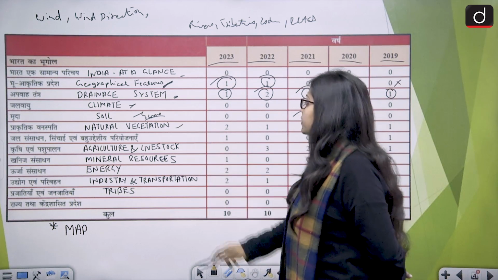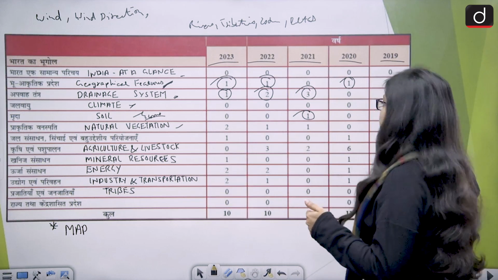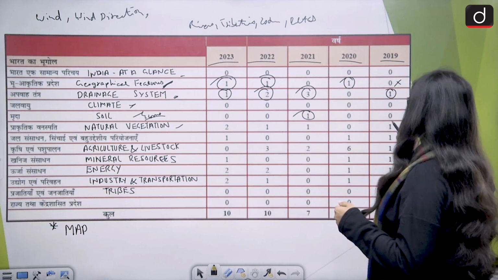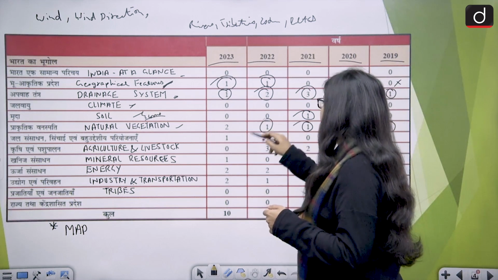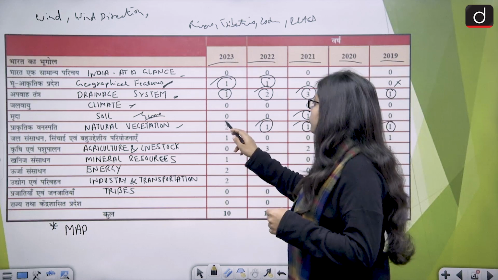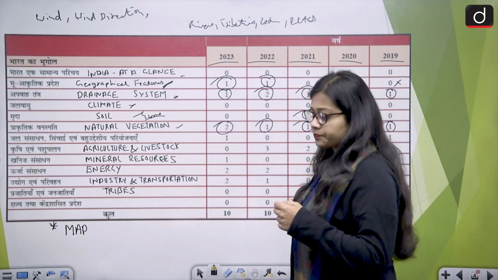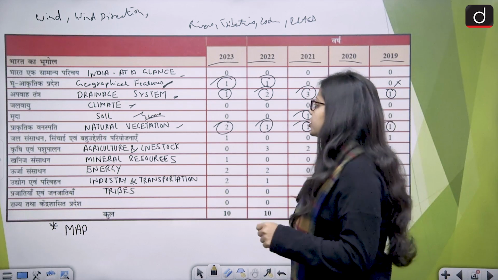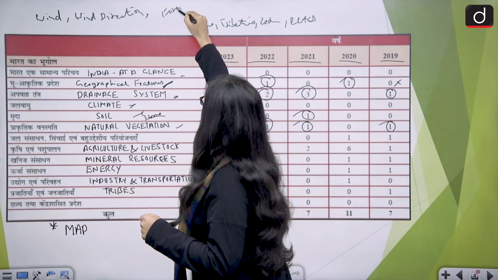Then comes the aspect of natural vegetation. From natural vegetation, a question was asked in 2019, one question, 2021 one, 2022 a single question, and in the year 2023 there were 2 questions from natural vegetation. And when we talk about natural vegetation, it also covers the aspect of forest.